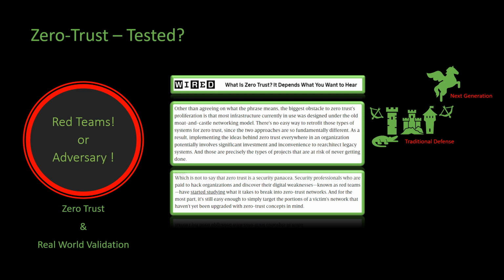But it states here, they say that zero trust is not a security panacea, right? Security professionals who are paid to hack organizations and discover their digital weaknesses, known as red teams, as an example, have really not had to walk around a fully deployed zero trust environment.